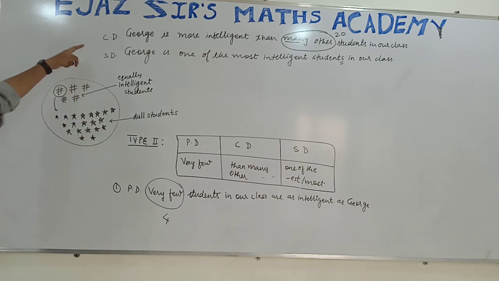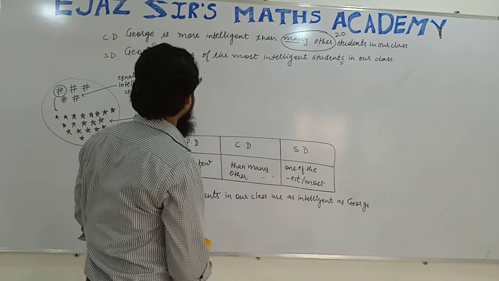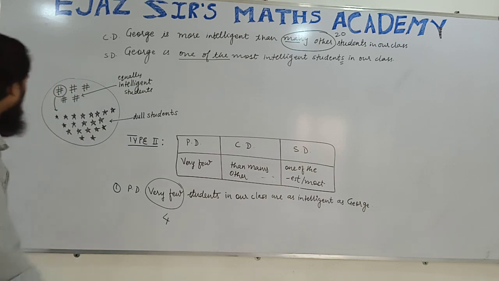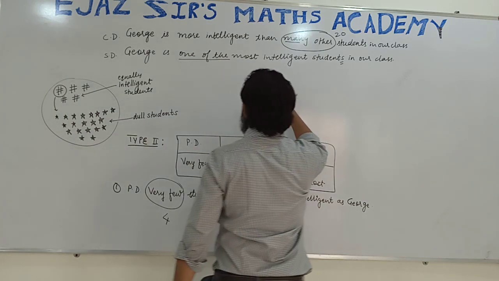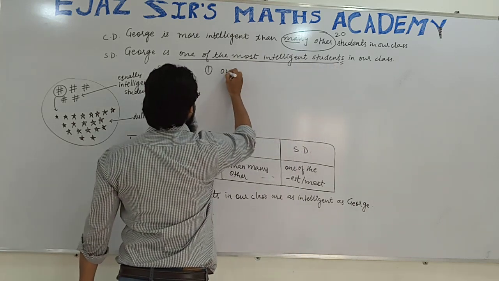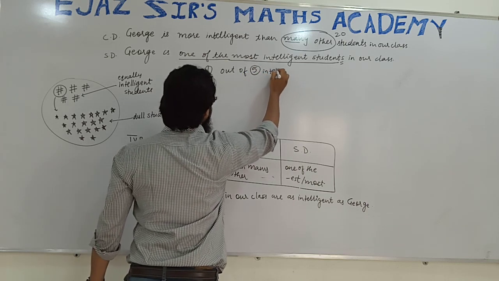And comparatively, George is more intelligent than 20 students in our class. And George is one of the most intelligent students. Remember, one of the most intelligent students means one out of 5 intelligent students.